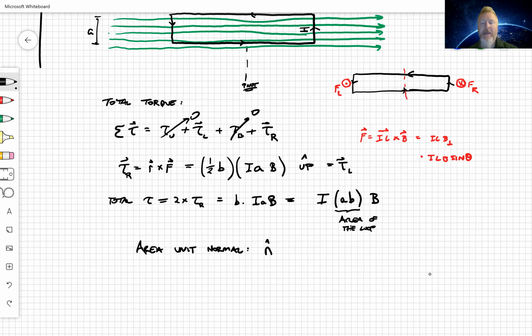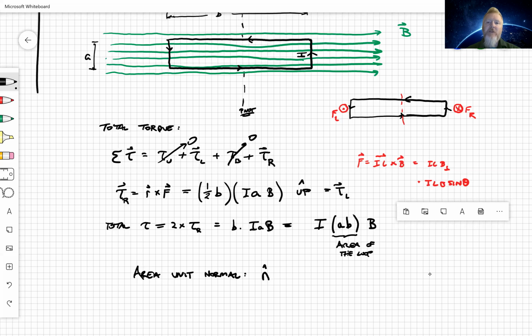All right, our good old n hat. Well, I'd like to define the unit normal to this area. If I think of the unit normal as being perpendicular to the area of the loop, but also I've got the current in here.